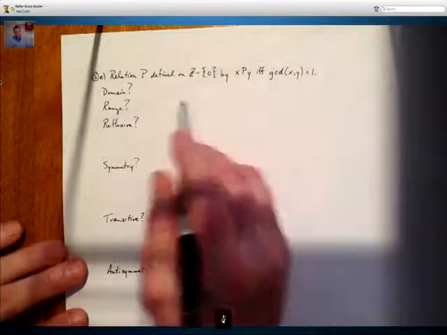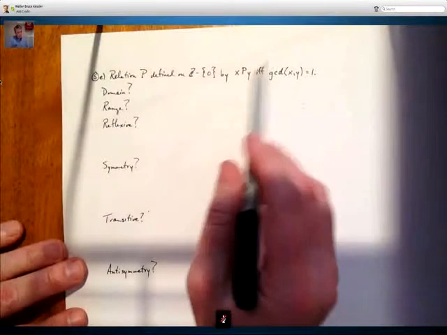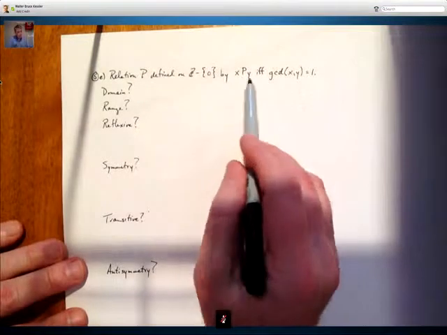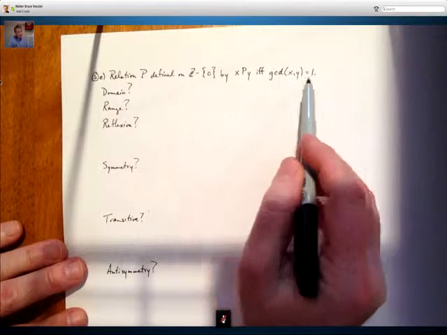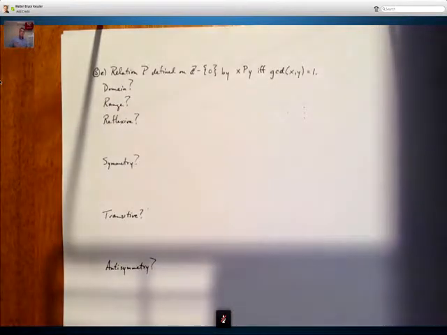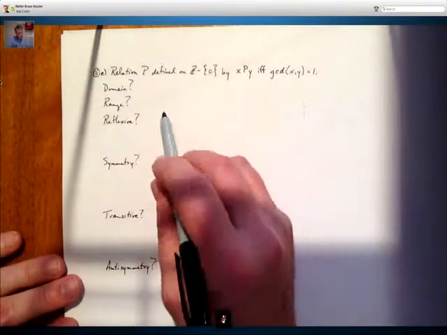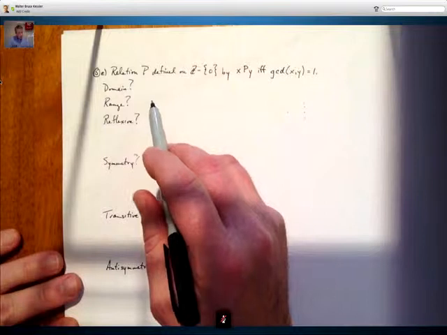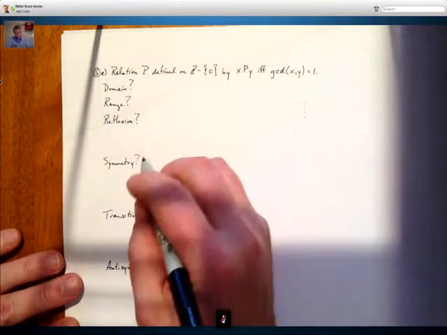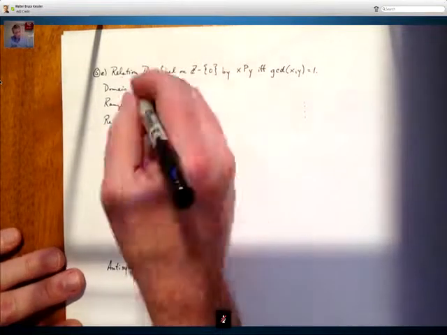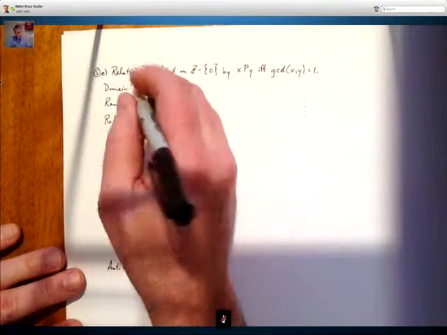And then one last one, the relation P defined on Z minus 0 by x is related to y if and only if the greatest common divisor is 1. In other words, things are related if they're relatively prime. Okay. Well, I can certainly put all manner of things in the domain of that.